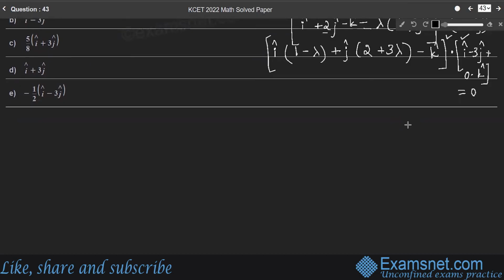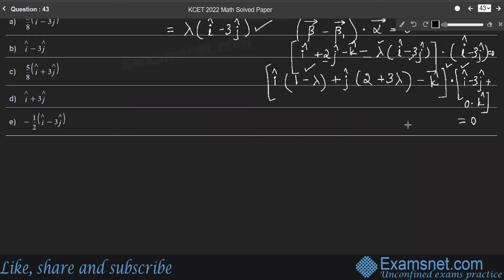So in the first term, the coefficient of i cap is 1 minus lambda, into the coefficient of i cap in the next term, which is 1, so 1 into 1.